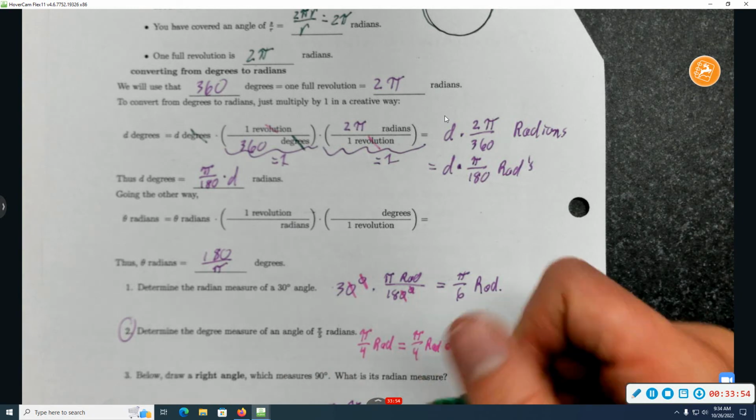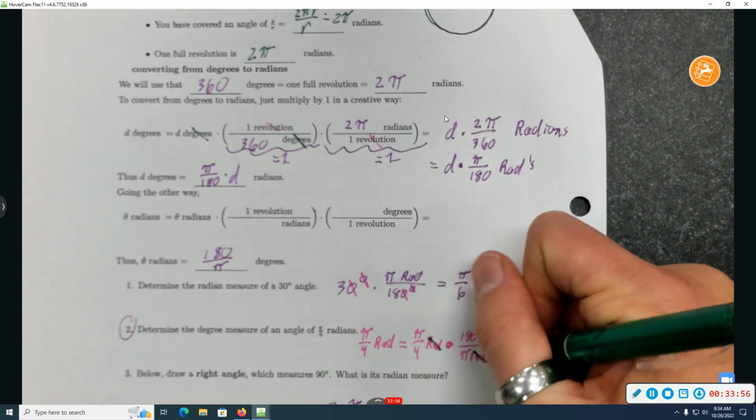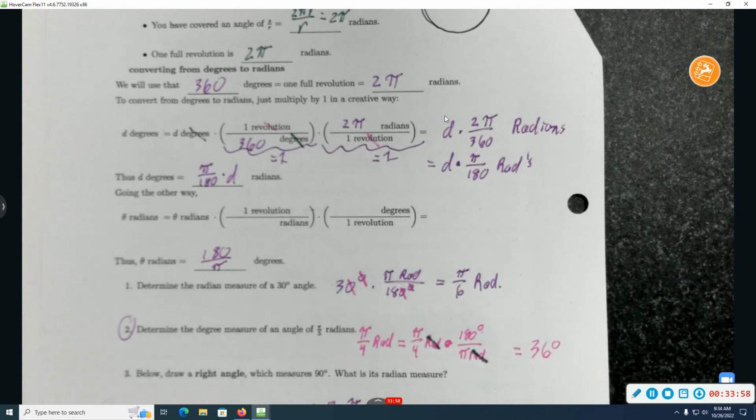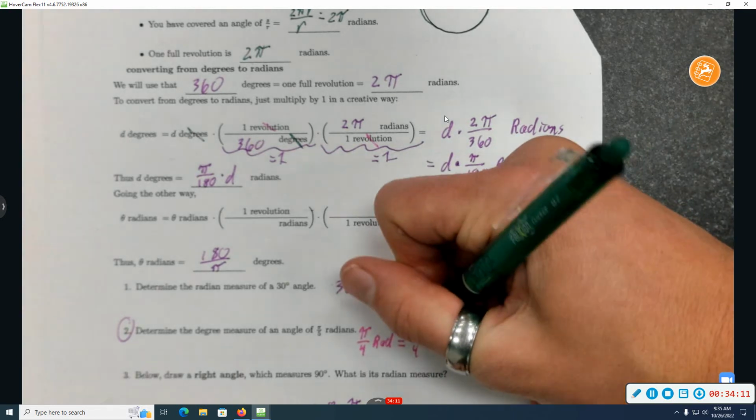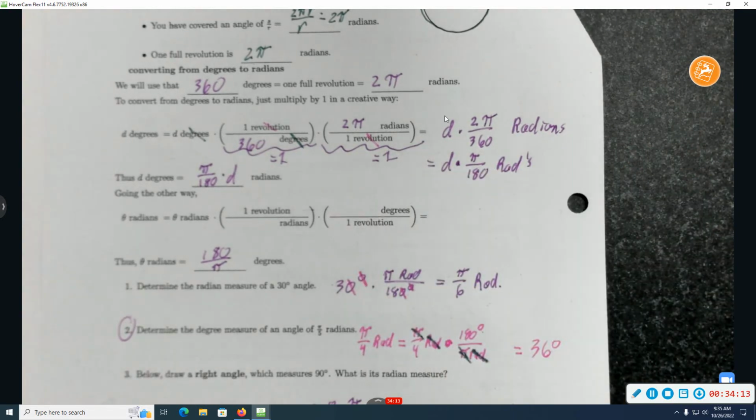One thing that should cancel is the radians. I want an answer in degrees, so those should cancel. Is there anything common between the numerator and denominator? The pi for sure. So I have 180 over 4. Let's see, 180 is 90 times 2.